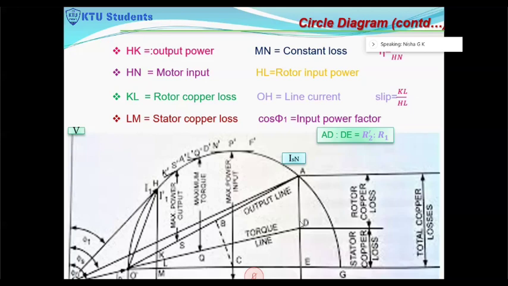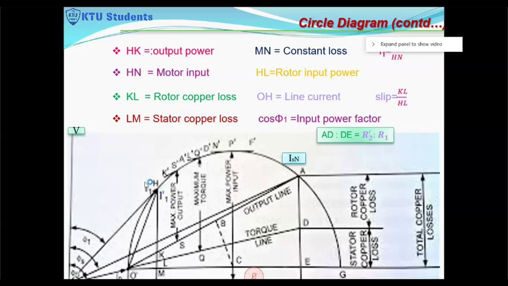So once you get the torque line, you can have this rotor copper loss and stator copper loss division. If you have a full load current of 10 ampere, then you have to take O as the center and draw an arc that will intersect the circle at a point.